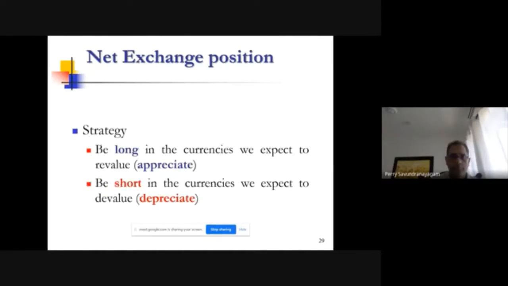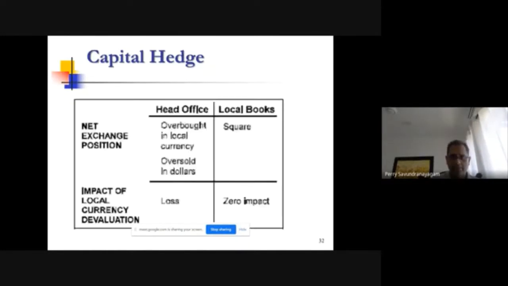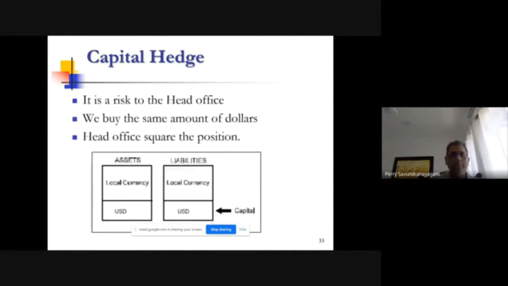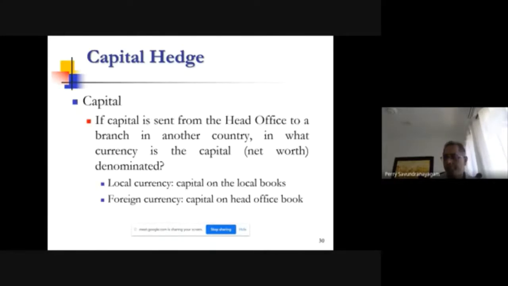Okay, so let's talk about capital hedging. What is capital?